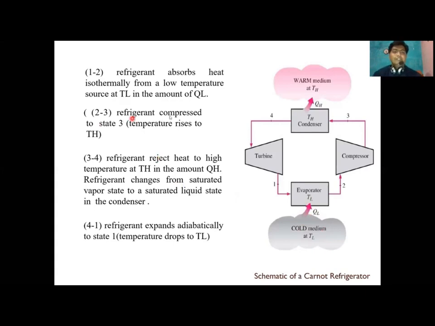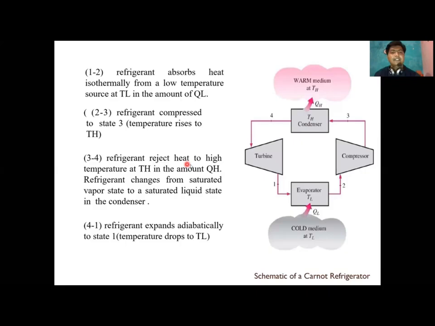Next, 2 to 3: the refrigerant is compressed to state 3, and the temperature rises to TH. Here the temperature increases and entropy is constant, because it is an isentropic compression process, and pressure also increases. Next, the 3 to 4 process is heat rejection at constant temperature.